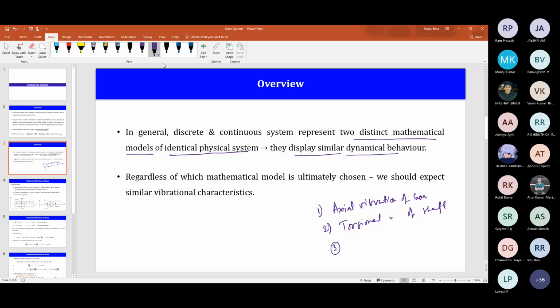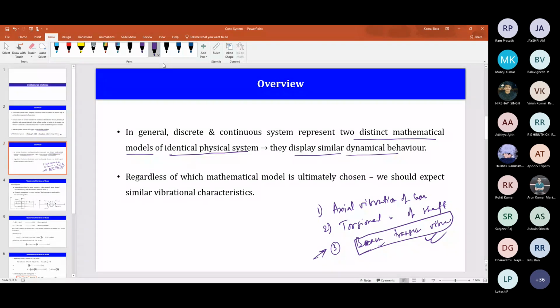Then you can find beam vibration, transverse vibration of a beam. And in this case there could be many categories: the beam could be rotating, the beam could have axial force, the presence of axial force. Then there is the Euler-Bernoulli beam, and many categories could be there in this aspect, which is very important. But that we are not going to discuss.